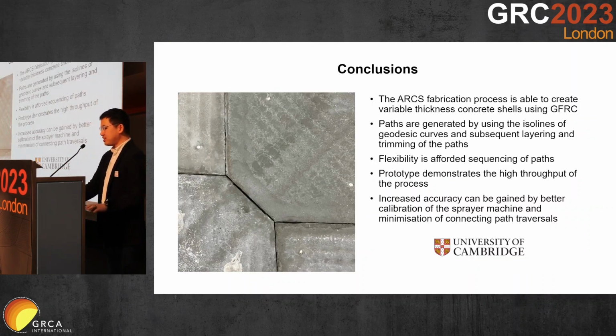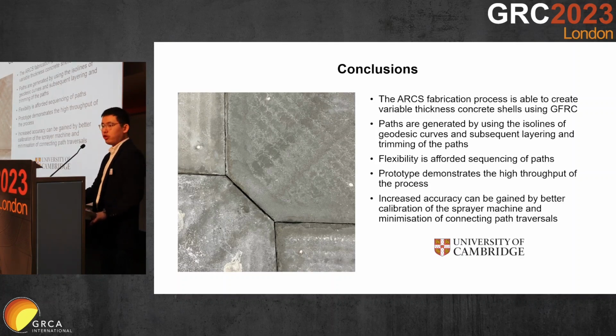So some conclusions. The robotic concrete spraying process that we've developed, we've tested and prototyped to create these variable thickness concrete shells using glass fiber reinforced concrete. We've generated these trajectory paths using unique features of a surface called geodesic functions, and then relying on their isolines to create even paths on a single layer to create even deposition.